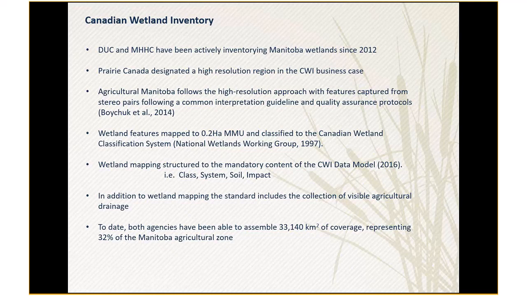In most of the work that DU's done, we've mapped the drainage. I know MHHC's product has moved away from that from a cost perspective. But really, the accomplishments to date have been pretty impressive. 33,000 square kilometers, about 32% of the agricultural zone in Manitoba has been done.